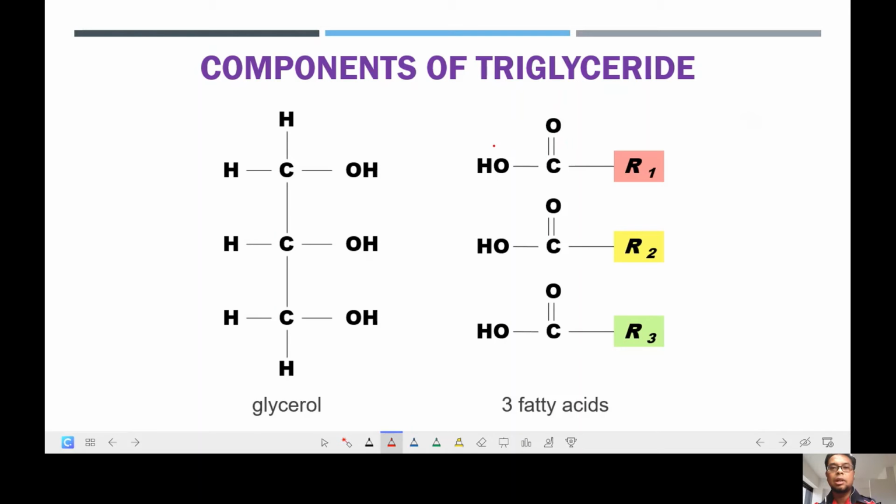Here will be the fatty acid molecule, which consists of one carboxyl group, which is the COOH. Meanwhile, this R over here will be referring to the long hydrocarbon chain. So we use the symbol R just to make the structure of the fatty acid simplified.